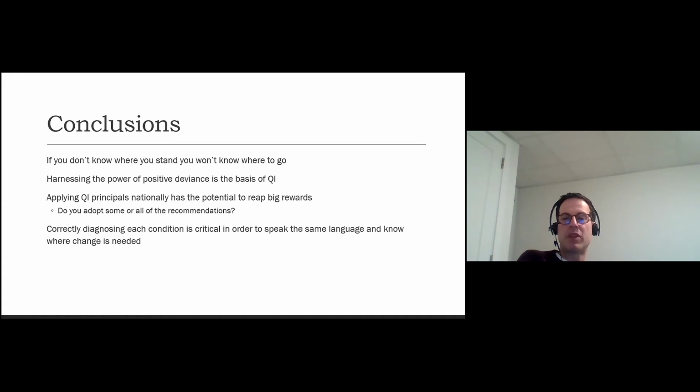In the example of necrotizing enterocolitis, I hope I've conveyed that a center using ultrasound to diagnose is potentially going to be very different from centers which use X-ray to diagnose. And so with that, I thank you, and I'll stop sharing my screen and open this up to questions.